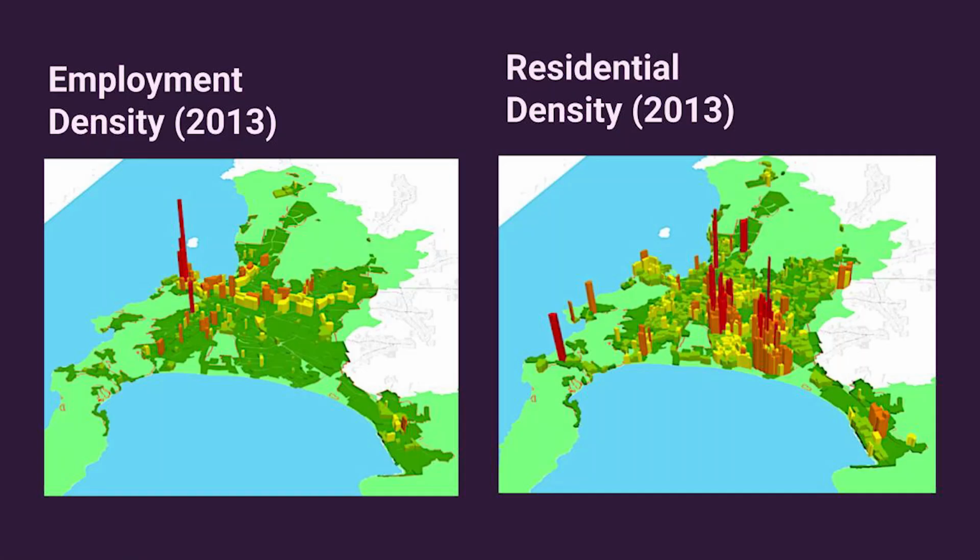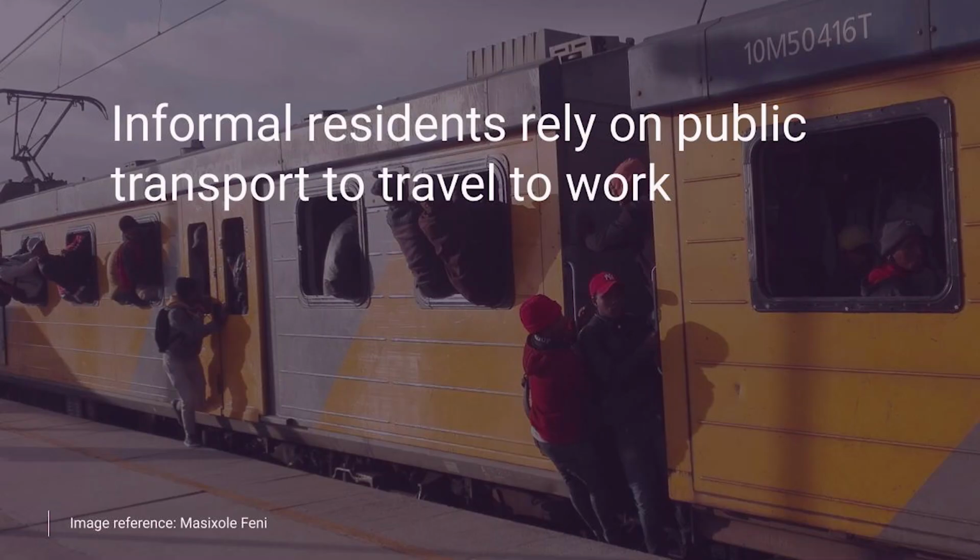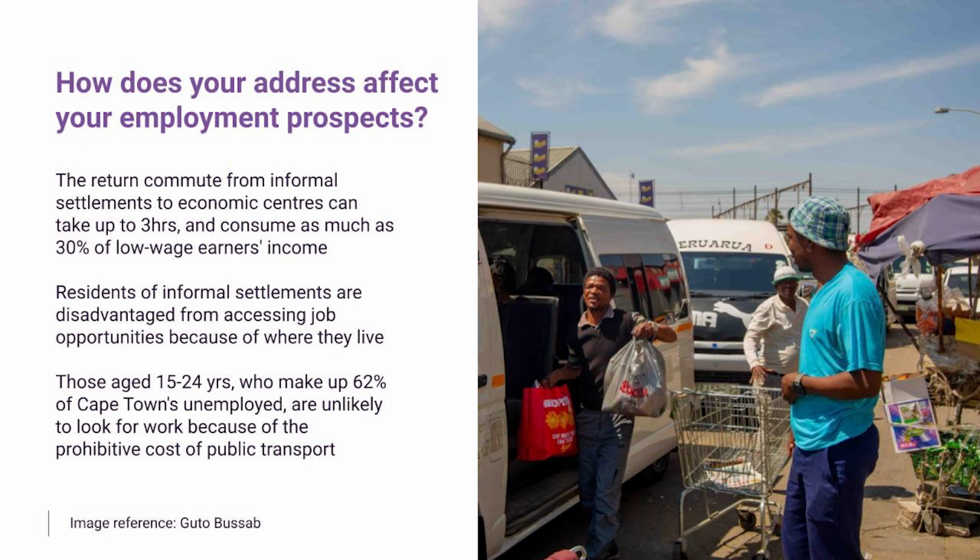Now, the point is that those people in the red peaks that shows residential densities need to use public transport to get to where the jobs are. And that can be a 2 to 3 hour journey per day. And because of the expense of public transport, it could chew up to 30% of their monthly incomes.